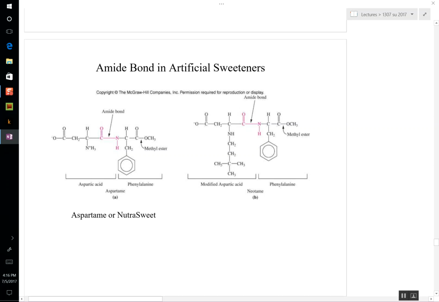Phenylalanine. If you hydrolyze that bond, you release phenylalanine. You better look this up, because there are people who are PKU, phenylketonuria.